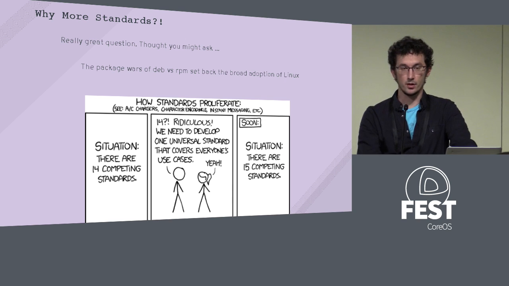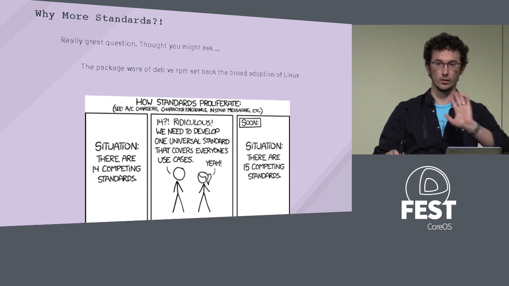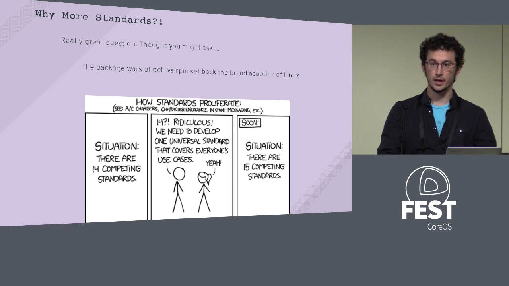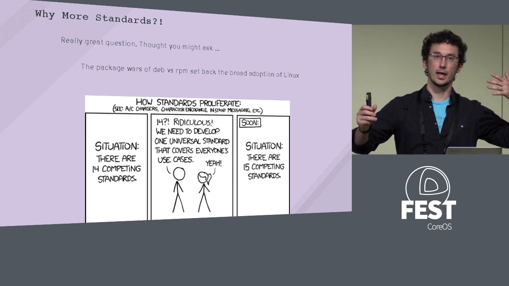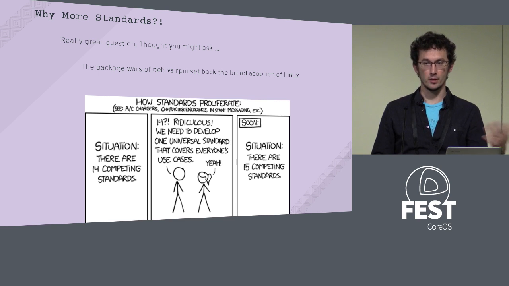The Debian versus RPM rift single-handedly set back the widespread adoption of Linux, I'm sure by 10 years or more. Companies that were ready to invest in this probably said, wow, that's too much volatility. We're going to wait until Linux simmers down. And here we are 10 to 15 years later, and we've kind of swallowed the pill that you have a lot of packaging formats.